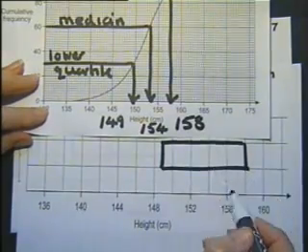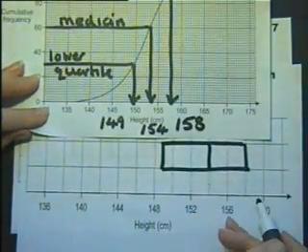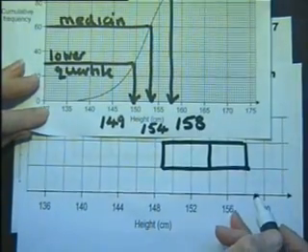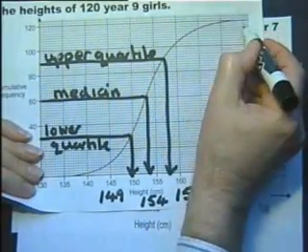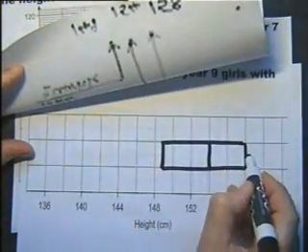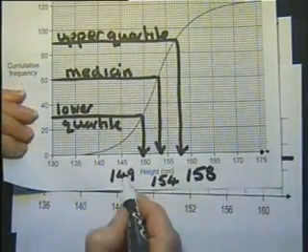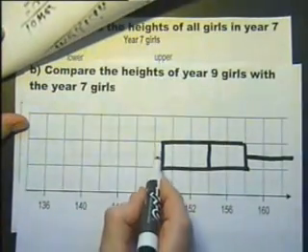The median is at 154, which is there. The tallest girl is 175, so that's gone off of here, hasn't it? And the shortest is 130, so that's gone off of there.